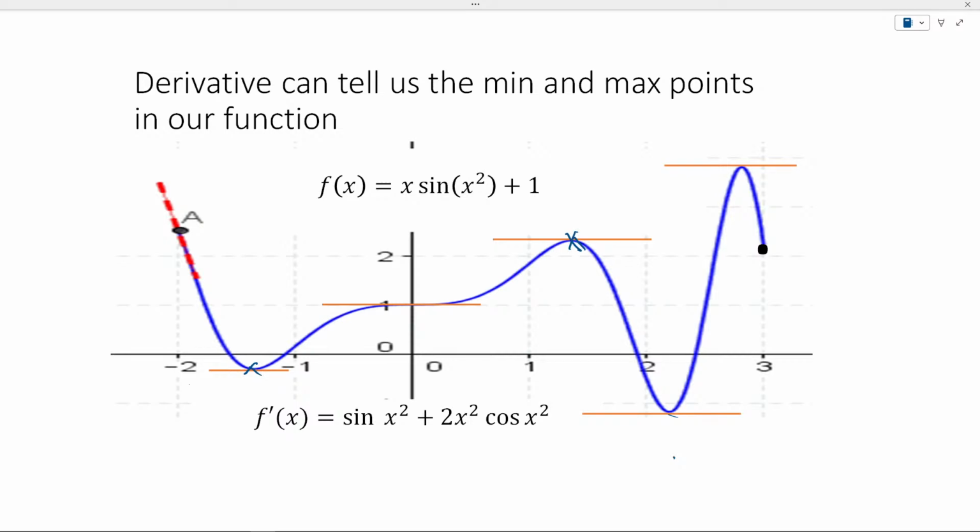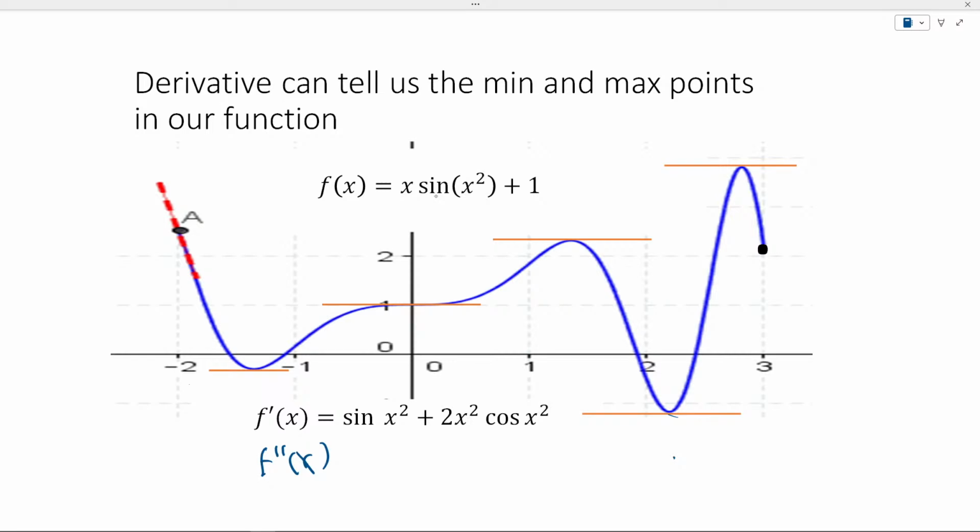But we will learn also how we can use the second derivative, so that without plotting anything, you can tell, okay, this critical point is a minimum, this critical point is an inflection point, or this critical point is a maximum. So that's basically what we will learn in this lesson.